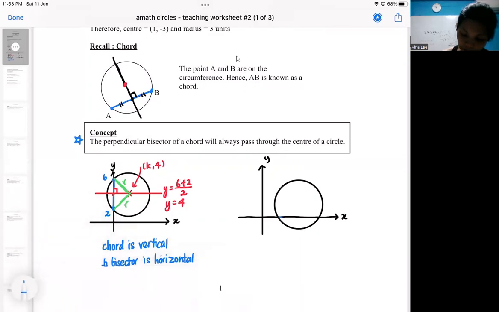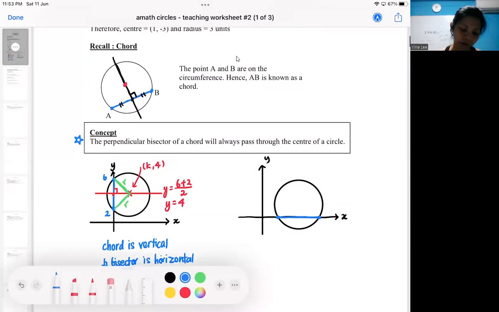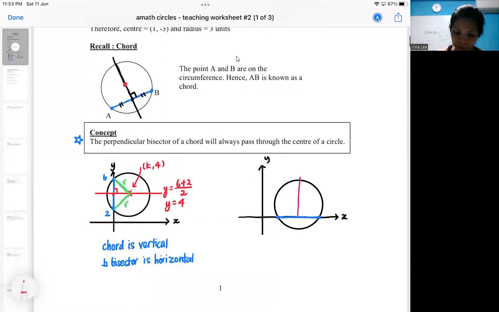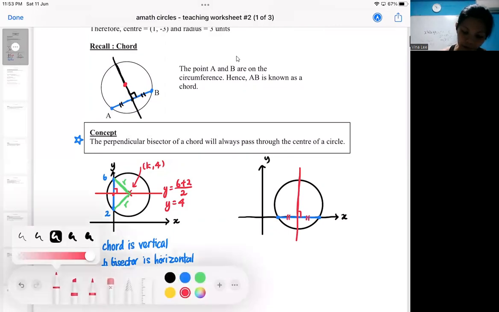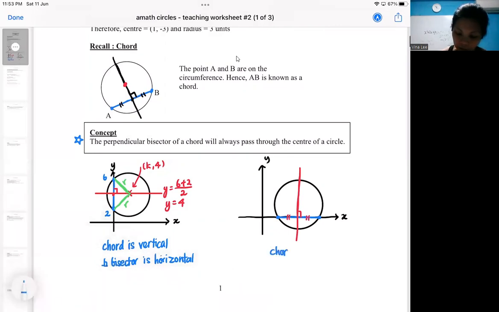This is the horizontal chord, because it's on the x-axis. It's perfectly horizontal, so the perpendicular bisector will be purely vertical, cutting at the midpoint.